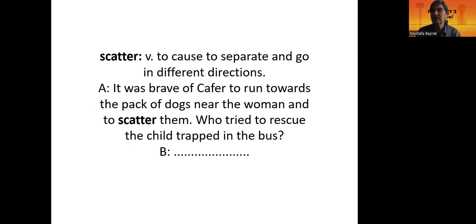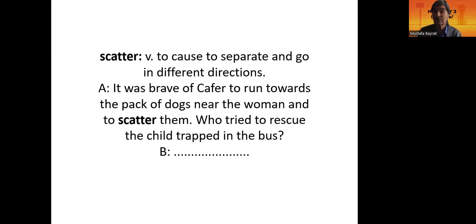It was brave of Jafar to run towards the pack of dogs near the woman and to scatter them, to scatter the dogs. Who tried to rescue the child trapped in the bus? Mahmoud tried to rescue the child trapped in the bus.